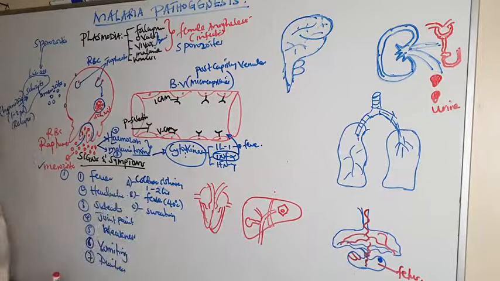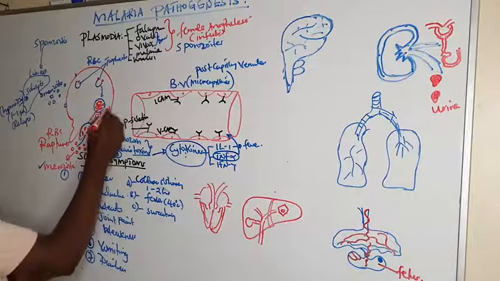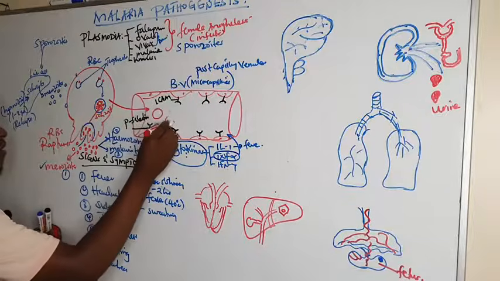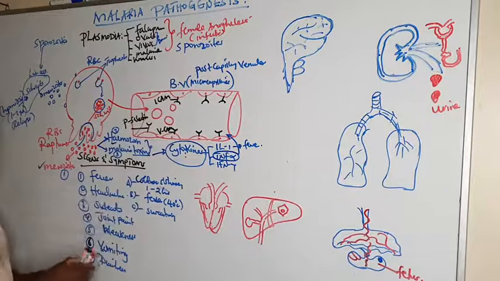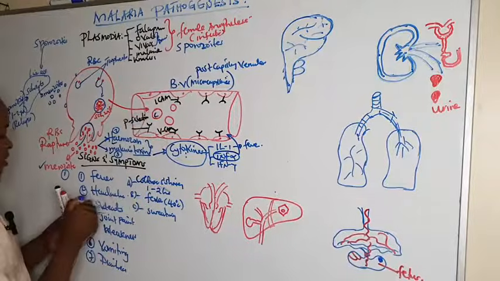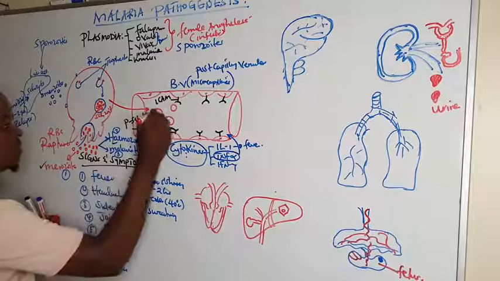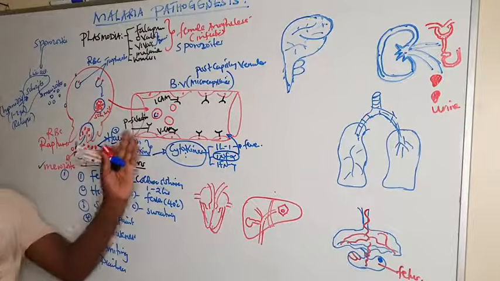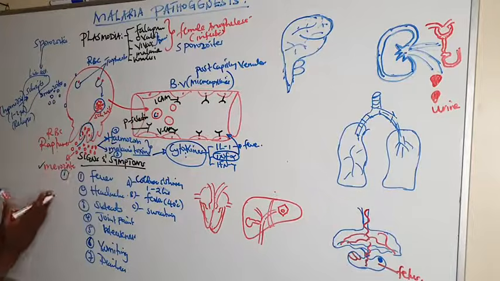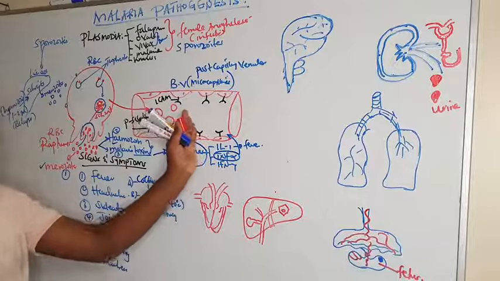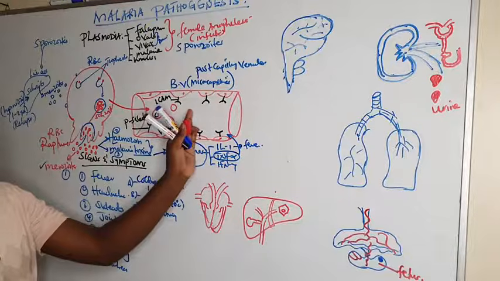So it exposes them. So when the RBCs, which are infected with the malaria parasite, are moving into the capillary beds, some of them undergo hemolysis. Those which are affected, as we see rupturing of these RBCs within the blood vessel, it is going to cause what we call increased hemolysis.